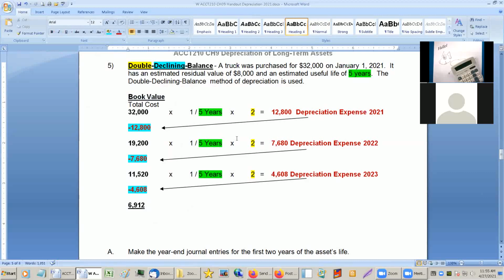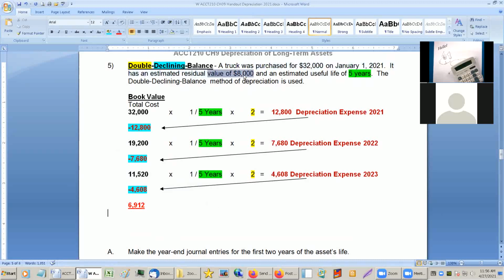What's the problem with having a book value of 6,912? It's less than the amount you would be losing.